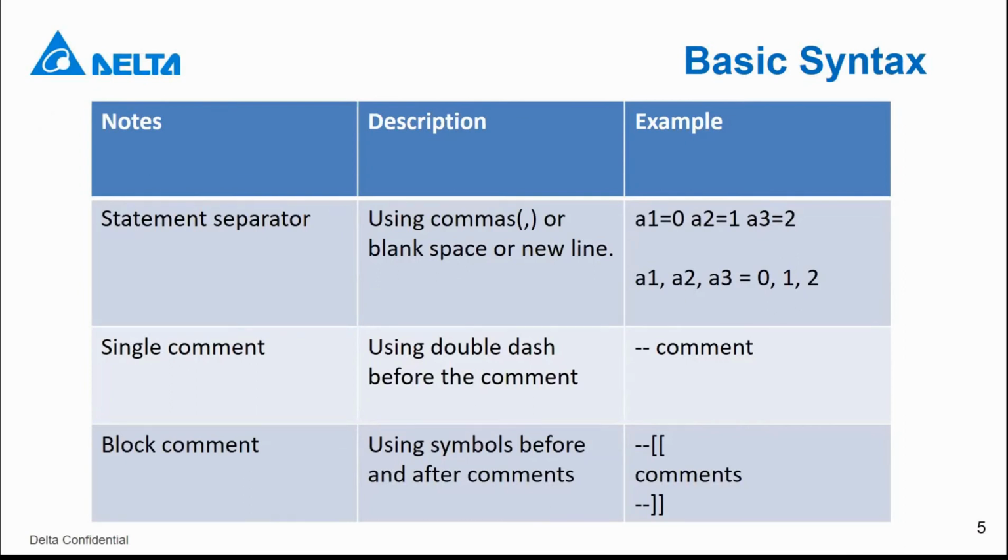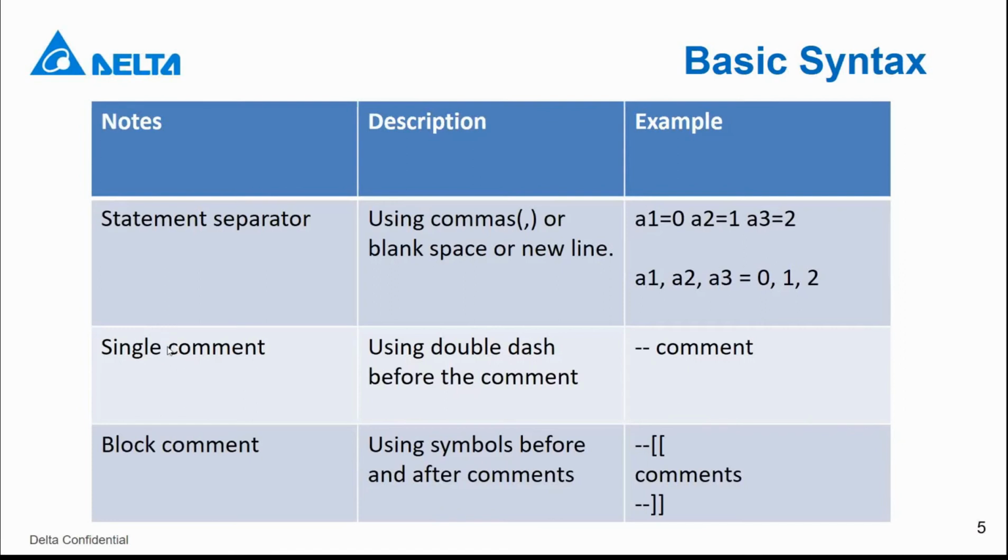In our robot language, you can use commas, a blank space, or a new line. For example, on the right, one statement is separated by a blank space, and the second line here is separated by commas.